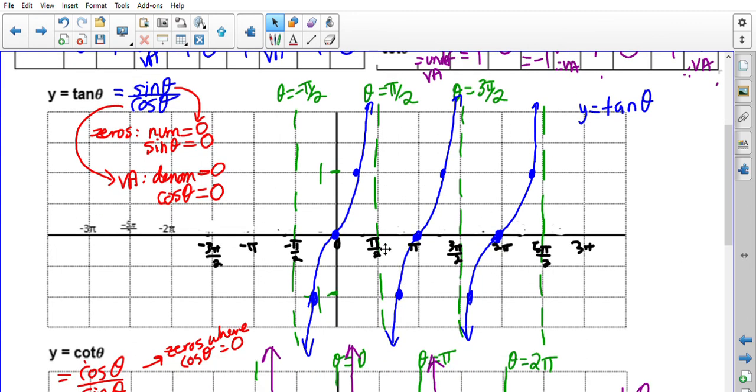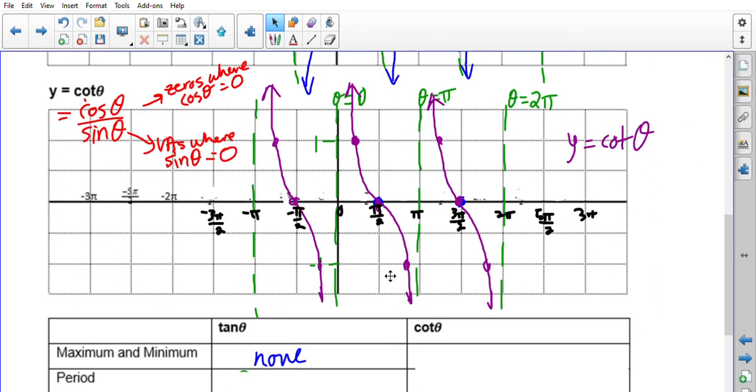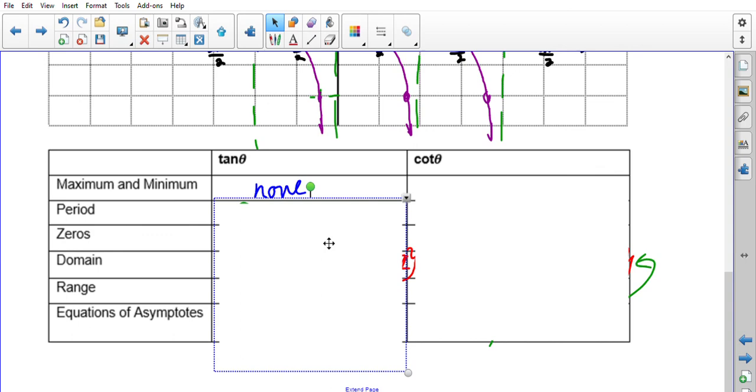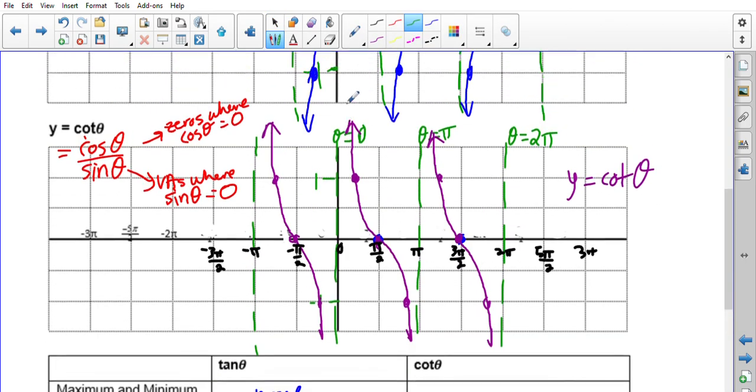So one period is going to be whatever the distance is from pi over 2 to 3 pi over 2. So if we do 3 pi over 2 minus pi over 2, that is a length of pi over 2. My apologies, pi. Let me write that out. So that would give us pi.